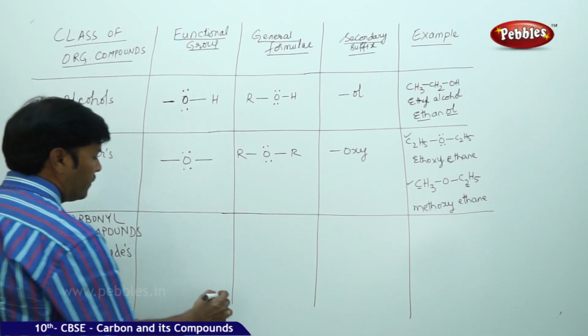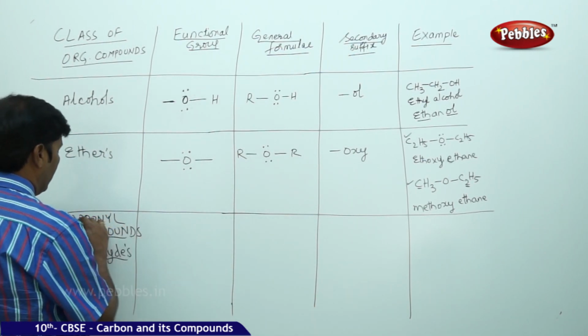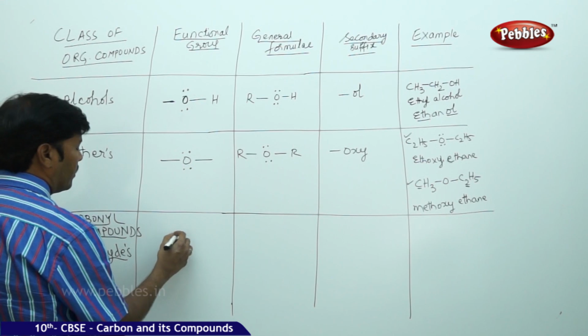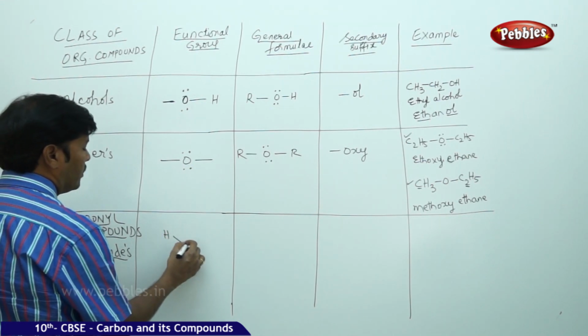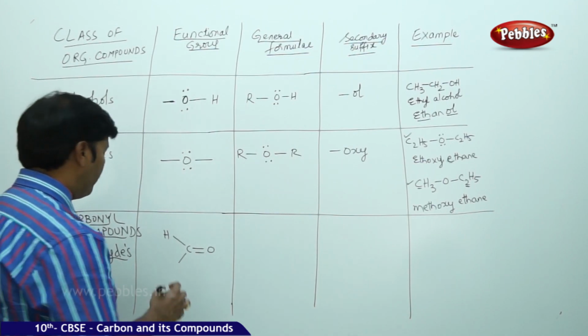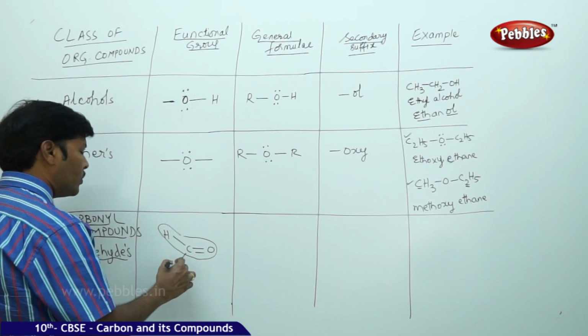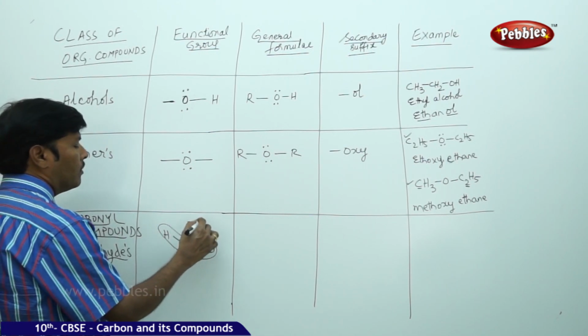The aldehyde functional group is hydrogen single bond carbon double bond oxygen, with one carbonyl group. The aldehyde must contain CHO.